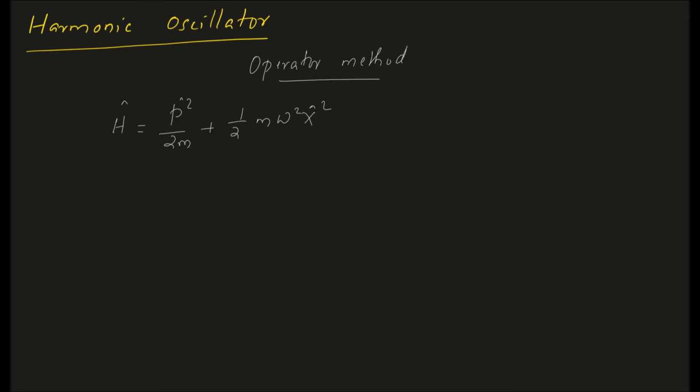So let's introduce two dimensionless operators. So this P and X are taken as capital letters here in the expression for the Hamiltonian.